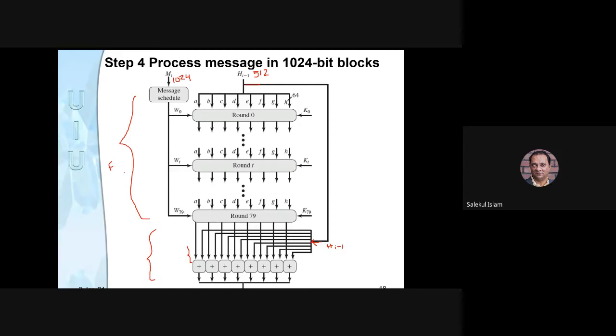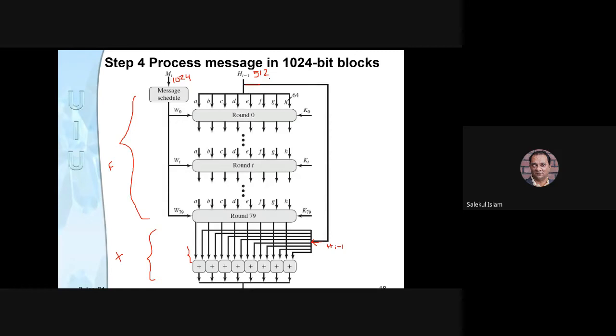So I have two parts: one is the f function and another one is XOR. Finally I have my output in Hi. Your f function has two inputs. One input is Mi, which has a length of 1024 bits. Another input is Hi minus 1, which has a length of 512 bits.